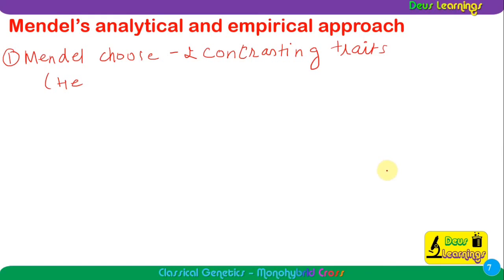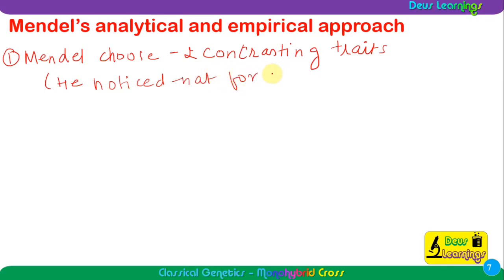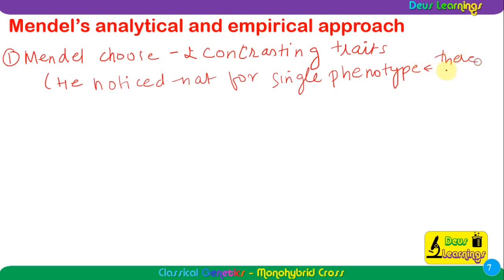And that was interesting because he noticed that for a single character, or a single phenotype, there exist different traits.